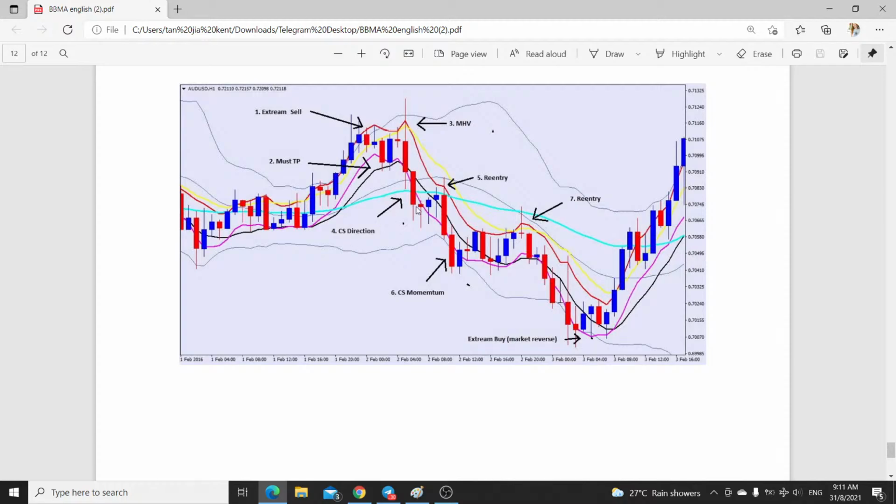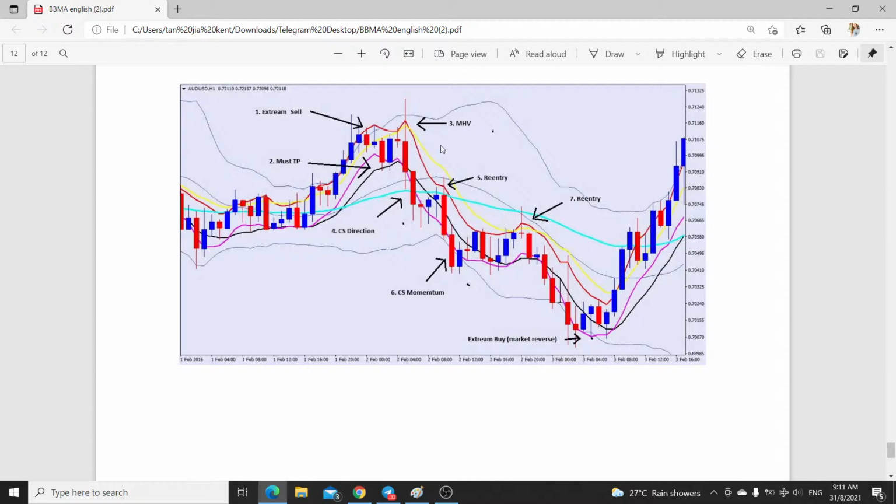That's why they call it candlestick direction, because in lower time frame, price really broke the Bollinger Band. It means that in low time frame, you really see momentum.